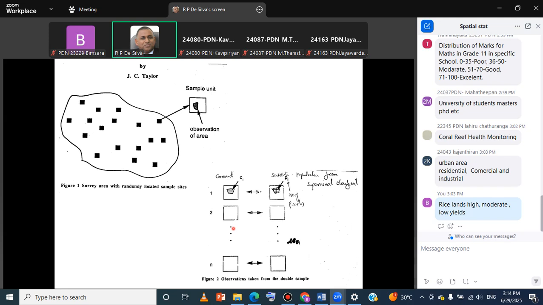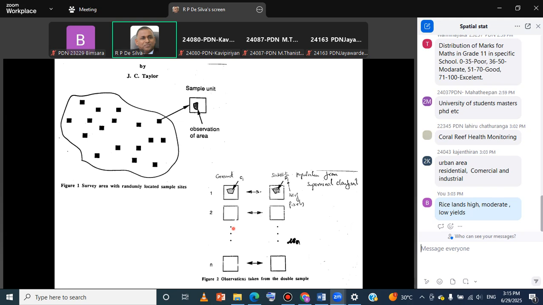So if you know the sampling fraction, if you sample 2% of the entire area and multiply the paddy area by 50, you get the 100%. Is that clear? So this is the method that we call direct expansion.